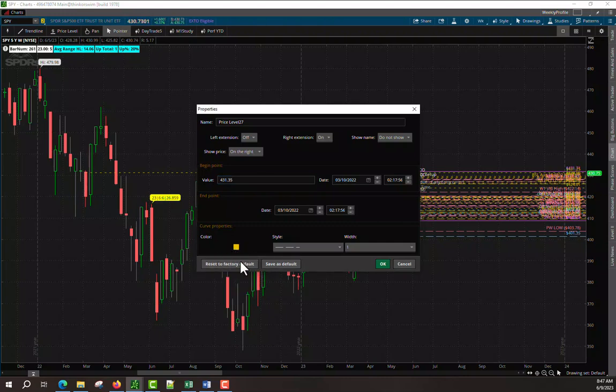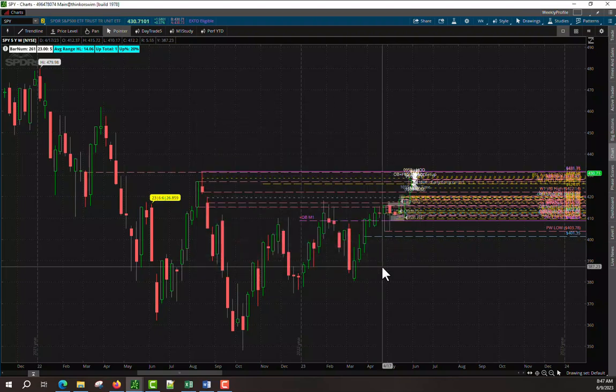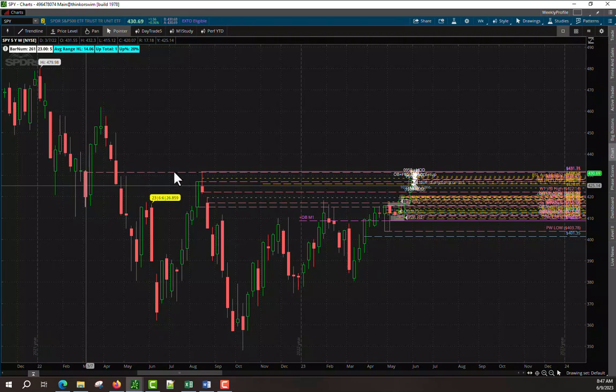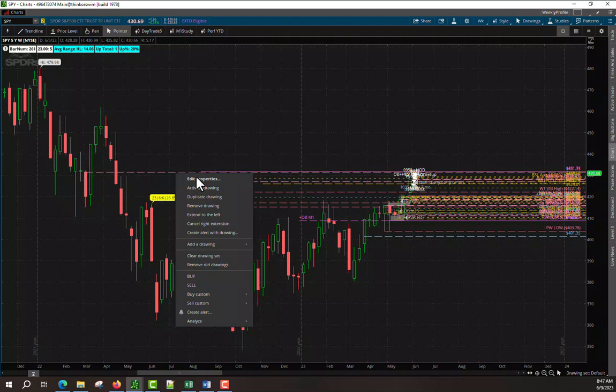And because it's weekly, we choose this color, right? Yes, and yeah, 55. So that gives us another thing to take a look at right there.